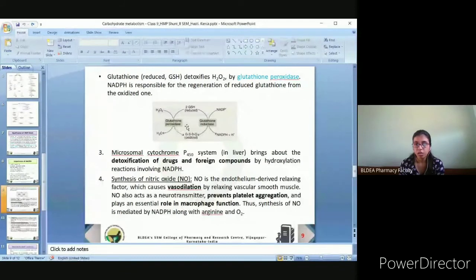Now, these oxidized glutathione molecules must be converted back to the reduced form. Hence, NADPH comes into account.